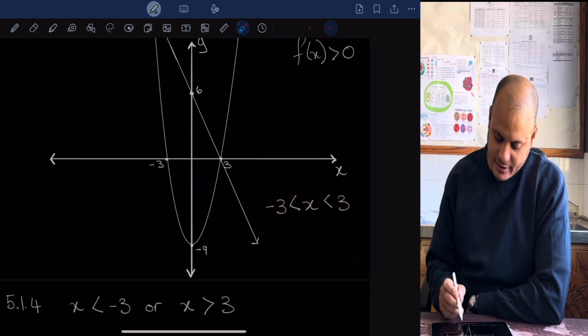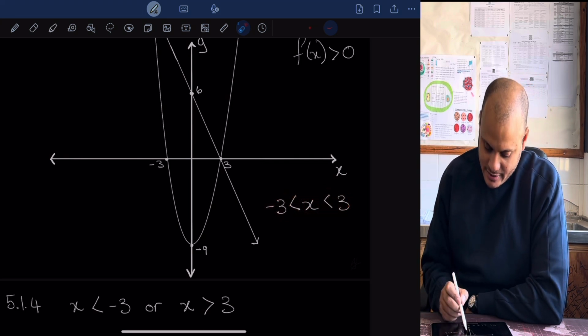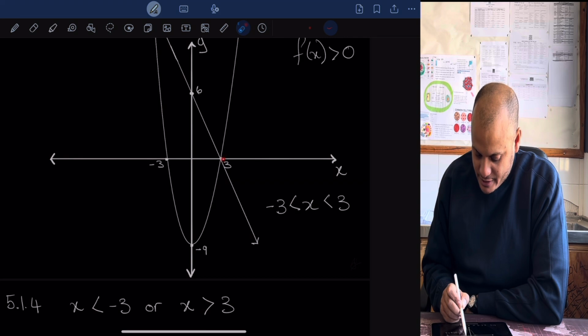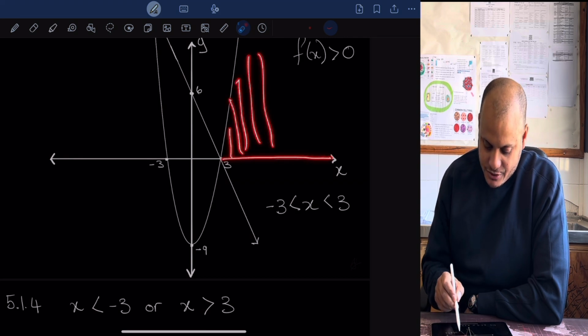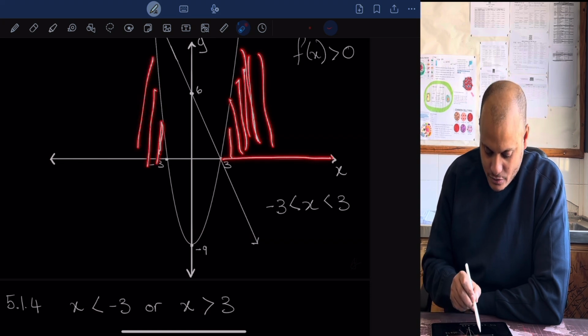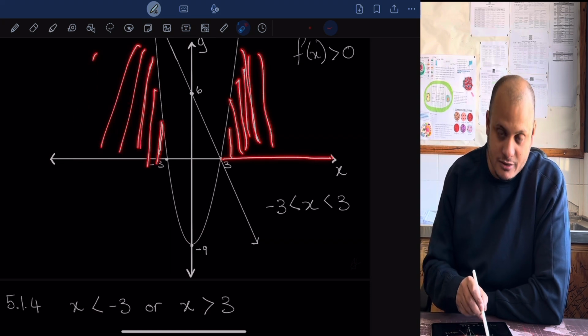But here for my positive x values, there's a break. That same set of x values that we used here is now the gap between this part of the graph where my x values correspond to positive y values, and here where my x values correspond to the other set of positive y values.